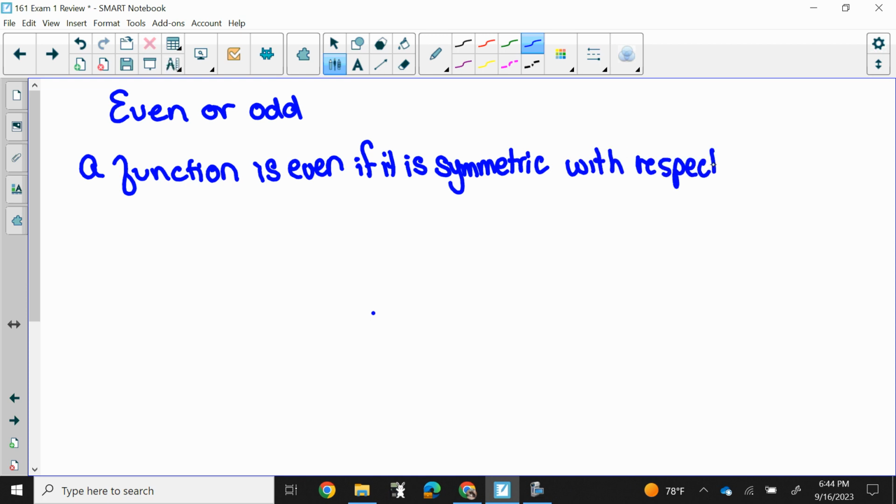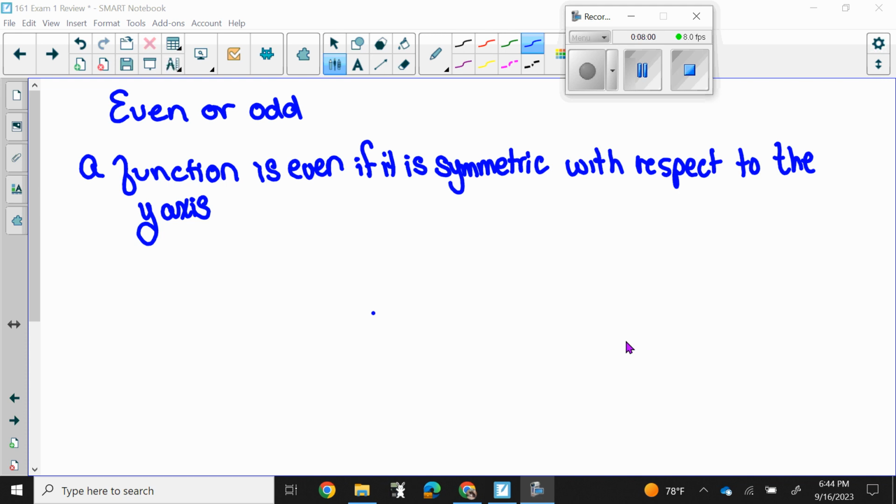So very often I look at the graph of the function just to ensure whether I think that's odd or even.